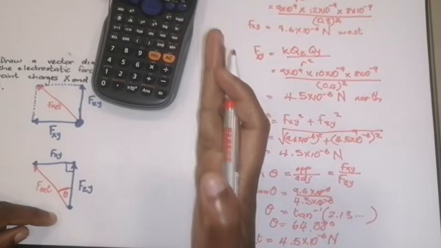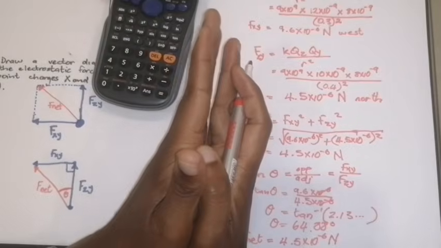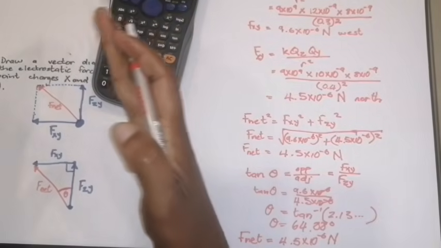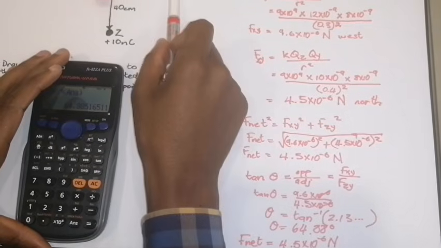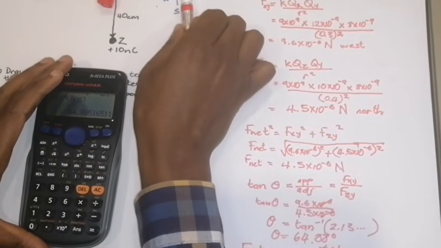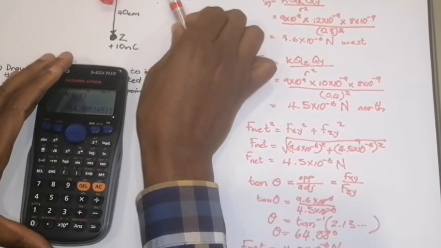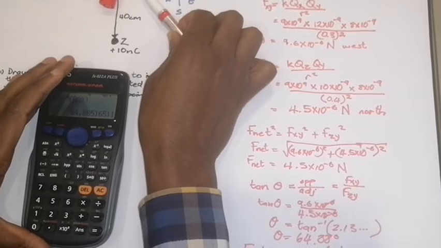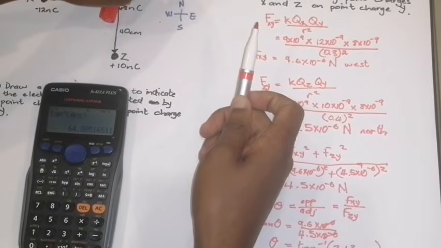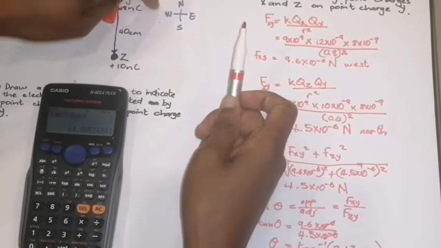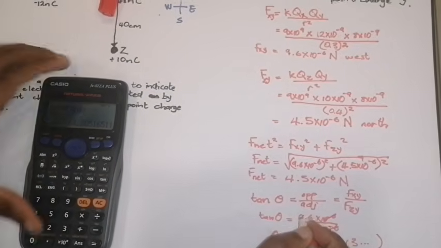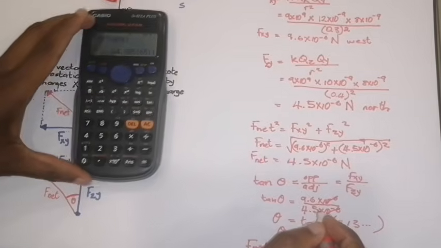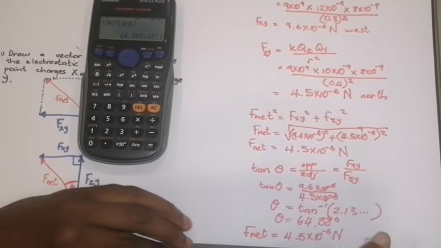So from the north, I actually move 64,88 degrees towards which direction? Towards the west. So from the north towards the west, 64,889, you might want to say.